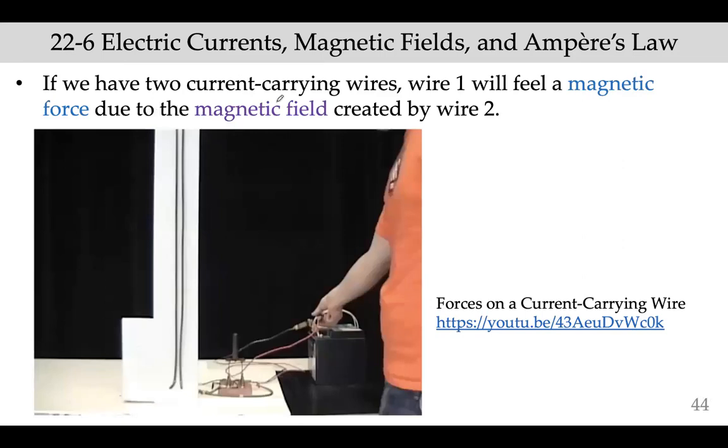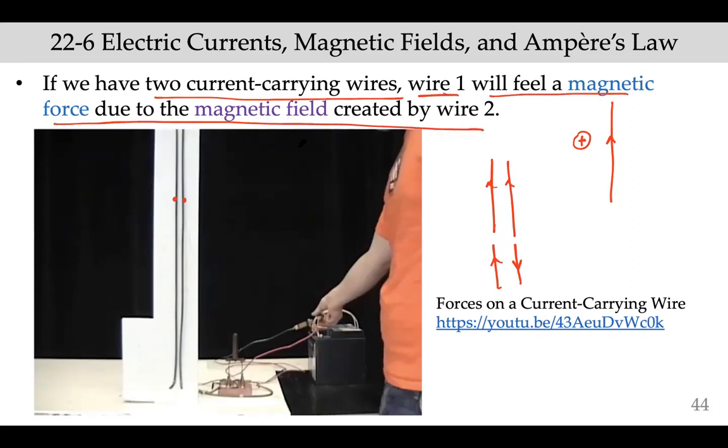Okay, so we talked about in the previous slide and the previous questions, we had a charged particle and a wire. Now let's move to the case where we have two wires and both of them carry current either in the same direction or in opposite directions. So if we have two current carrying wires, wire 1, so one of these here, and wire 2, let's say this one, wire 1 will feel a magnetic force due to the magnetic field created by wire 2.